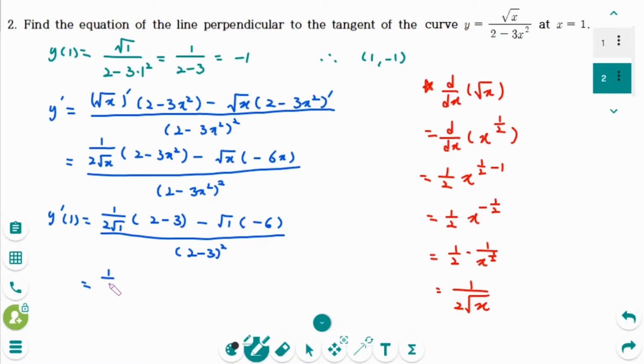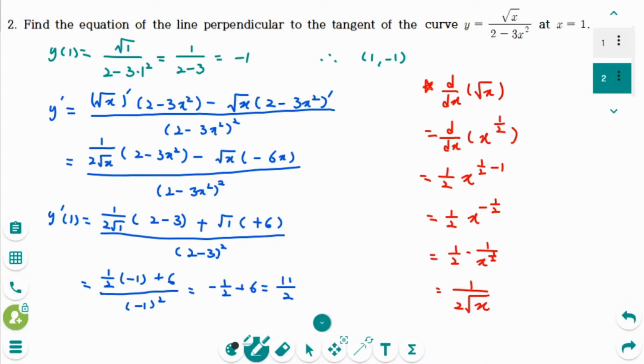So 1 over 2 times minus 1, make positive plus 6, over minus 1 squared. So minus 1 over 2 plus 6, which is 11 over 2.